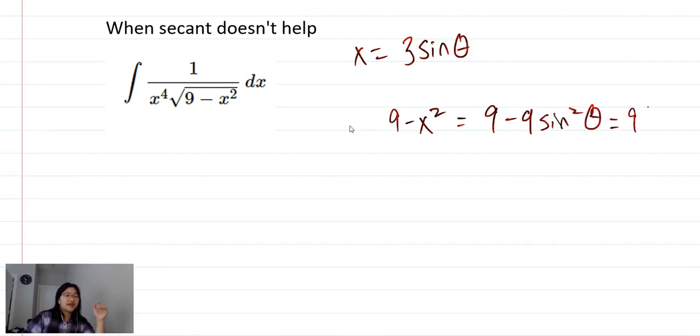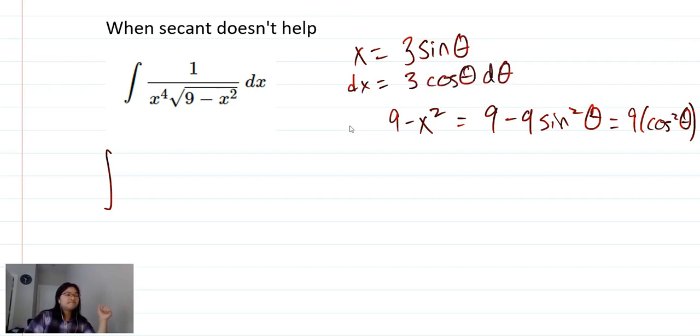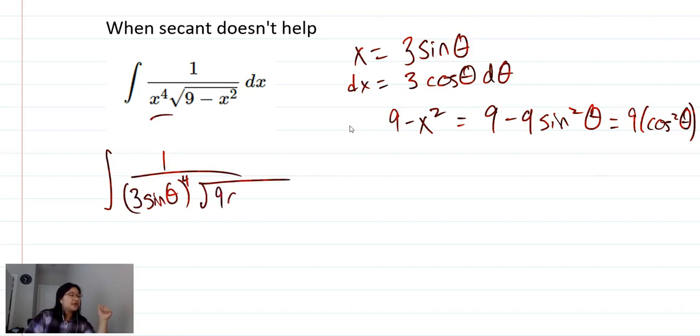That's going to give us 9 times cosine squared theta. And that's nice, because then dx is going to be 3 cosine theta d theta. So in our integrand we have 1 over 3 sine theta to the 4th power times root 9 cosine squared theta, and then dx is 3 cosine theta d theta.